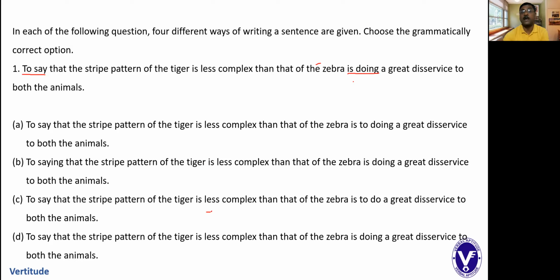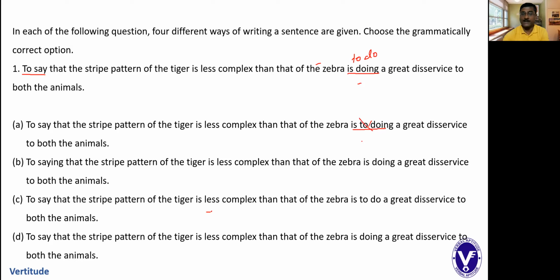The first one is in the to infinitive form, so this one also has to be converted into the to infinitive form. Then: that of the zebra is to do a great disservice to both the animals. Right? So now I'm going to search for it here. As I can see, it is written as is to doing.